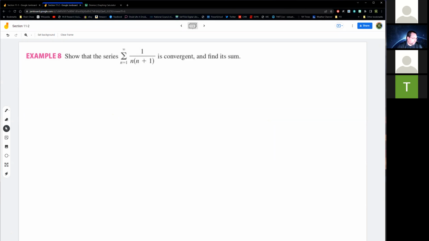So this series right here, if I'm looking at it, would be 1/2 plus 1/6 plus 1/12 plus, and it just keeps going. So looking at this, it might converge, it might not. So we're gonna have to do a little bit of work to figure out if it's gonna converge or not.